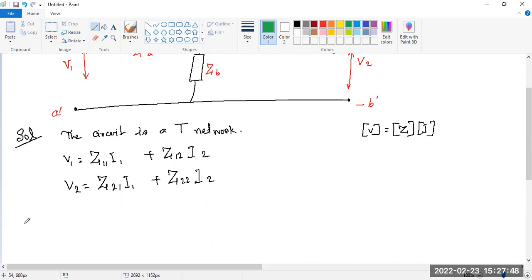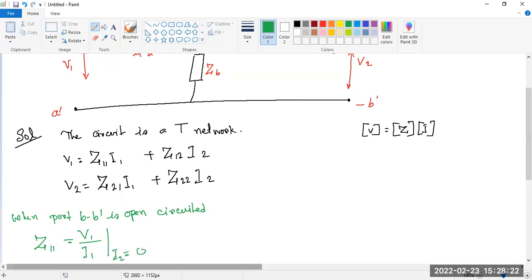Now when port B dash is open circuited, then Z11 is V1 by I1 and I2 is 0.